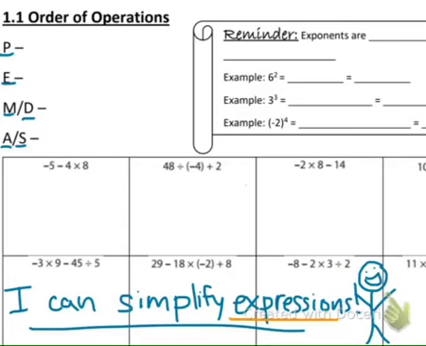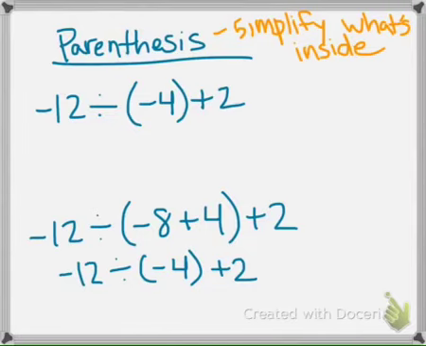The first step in the order of operations is simplify anything that's in parentheses. I've written simplify what's inside. Make sure to be taking notes if you are not familiar with these topics.